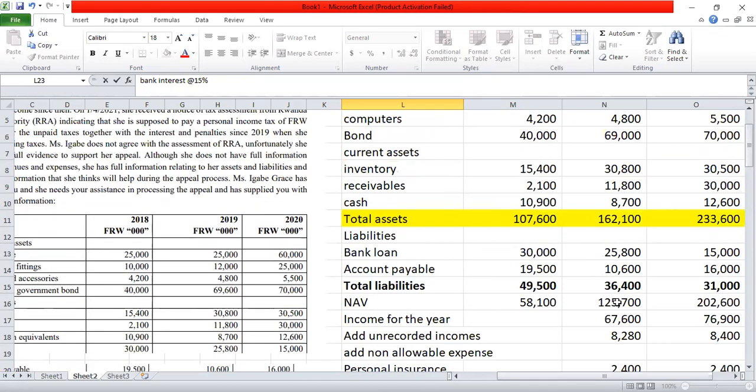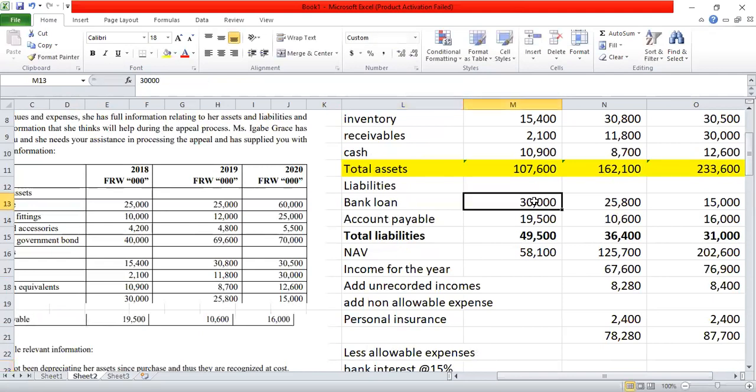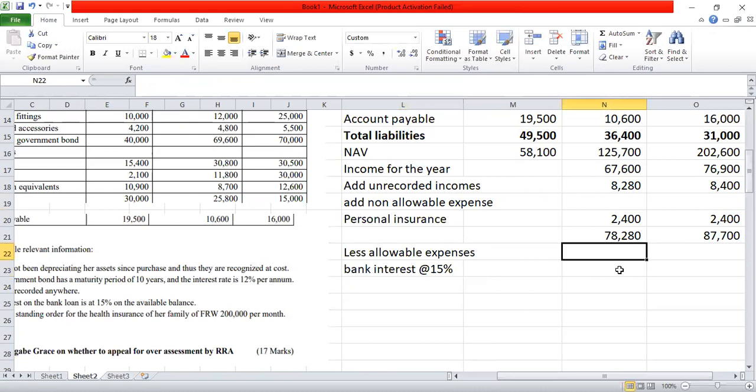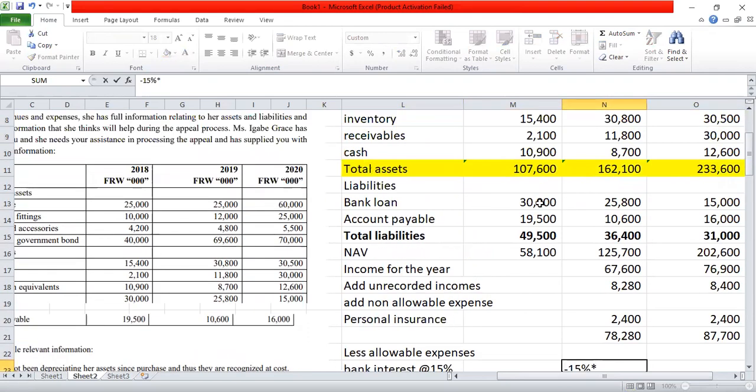So if our loan is on this balance here, will be the balance here. So to mean this, we shall calculate 15% times 30 here.